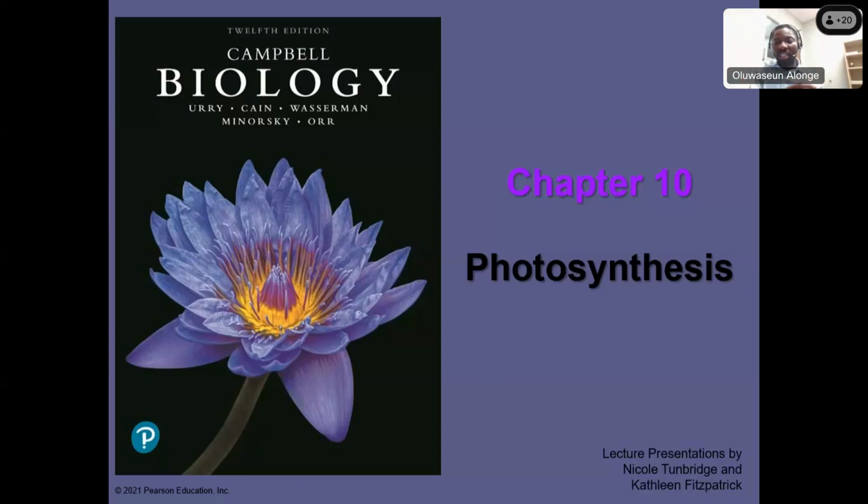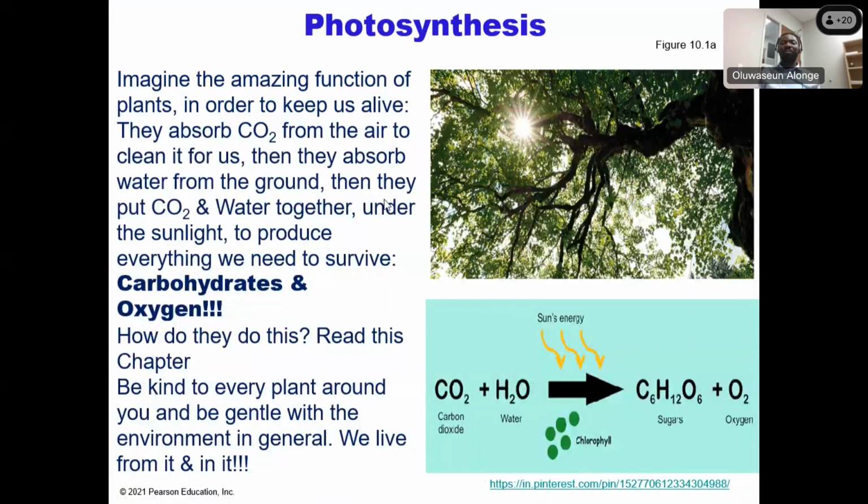So it's a reverse reaction. Cellular respiration is like the forward, and photosynthesis is the reverse reaction. Both of them go hand in hand. The product of photosynthesis gives rise to cellular respiration. The product of cellular respiration is used also in photosynthesis. I'll be showing that to you as we go.